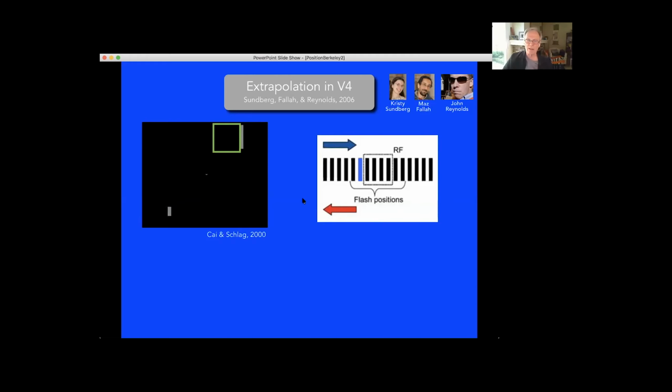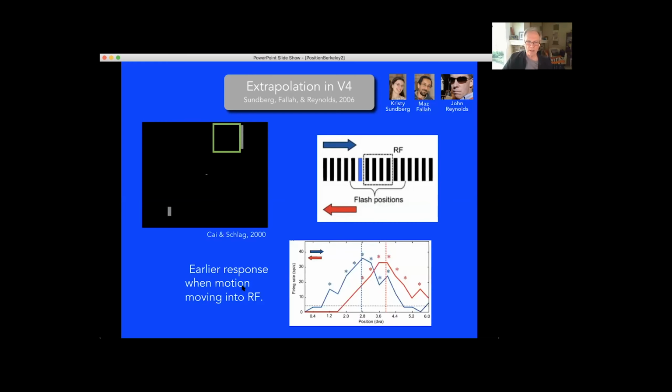And what they found was the response, if you look here, the blue one is when the flash was in front of the receptive field and it's going this way. That's this part. Here it's in the receptive field, here it's out of the receptive field. The response to the blue flash that preceded the receptive field was highest, in fact, just as you got to the edge of the receptive field.